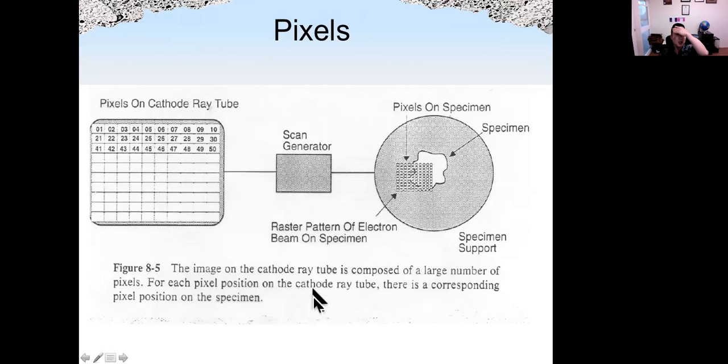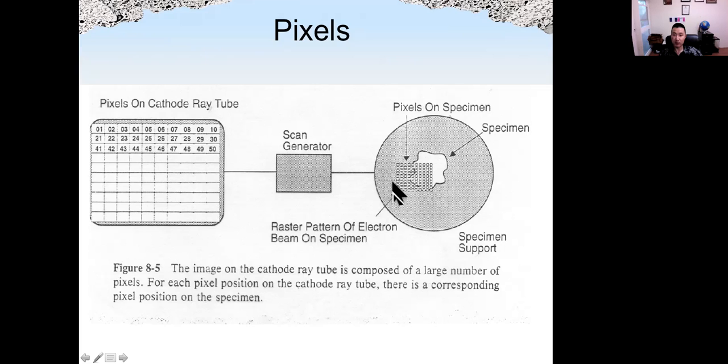So here shows the specimen. Pixels on the specimen: for every pixel, we have a corresponding pixel on the cathode ray tube, which is in the SEM machine.